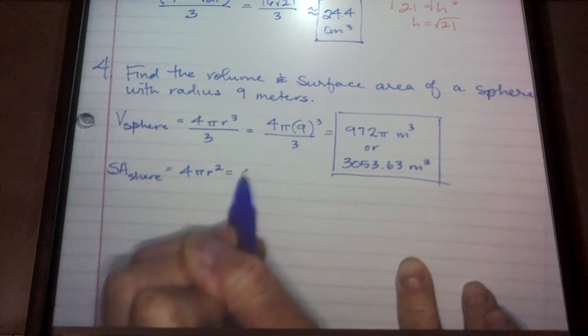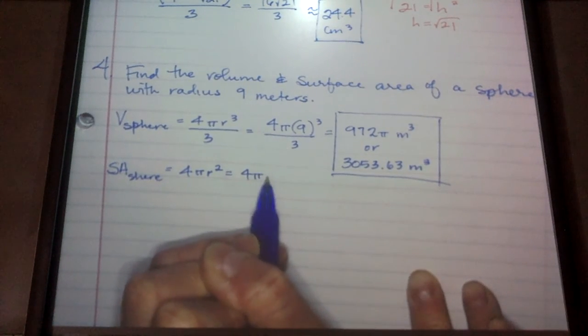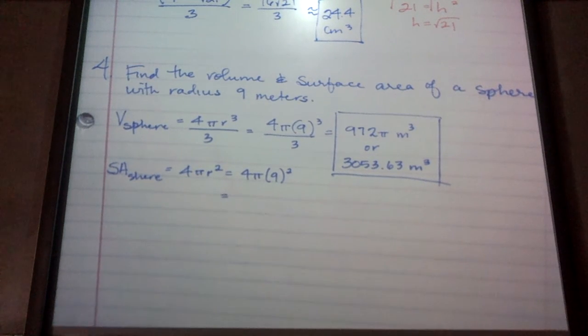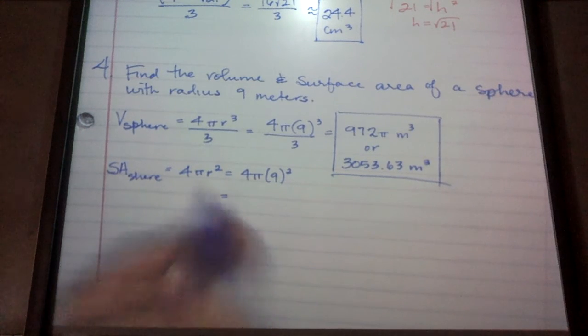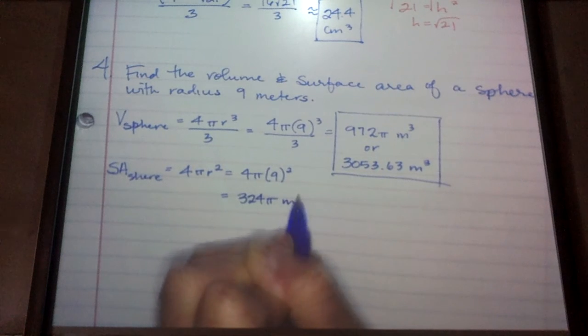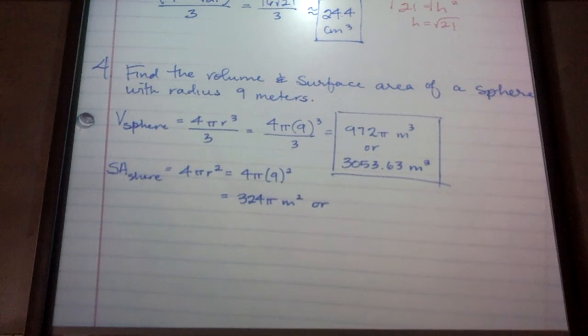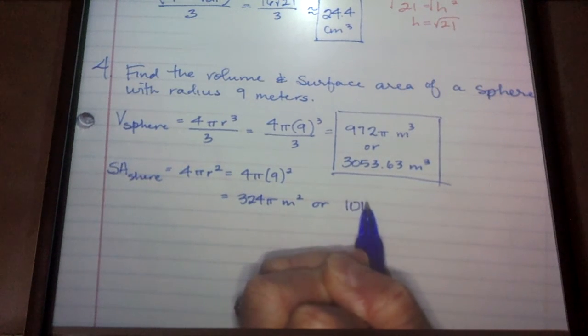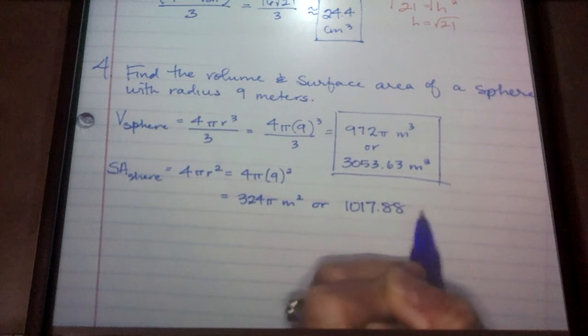So that would be 4 pi times 9 squared, which equals, that would be 4 times 81. So 324 pi meters squared, or 324 times pi gives me 1,017.88 meters squared.